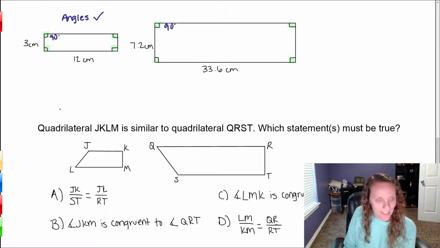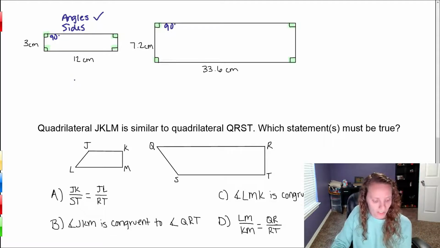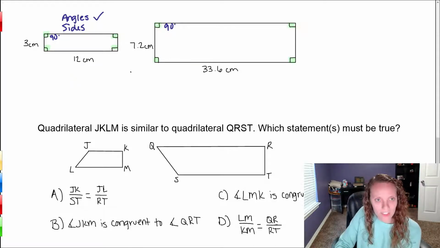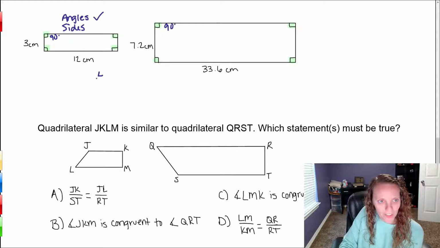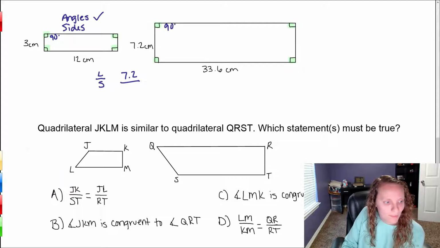And then we got to decide, are the sides proportional? So we're going to set up our fractions again. Let's do larger over smaller again. The larger would be 7.2 here over the corresponding side. Let's see.